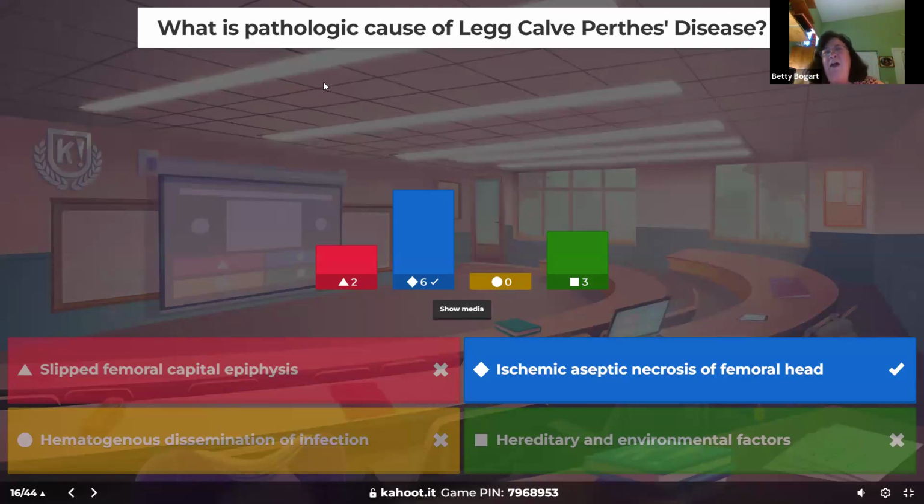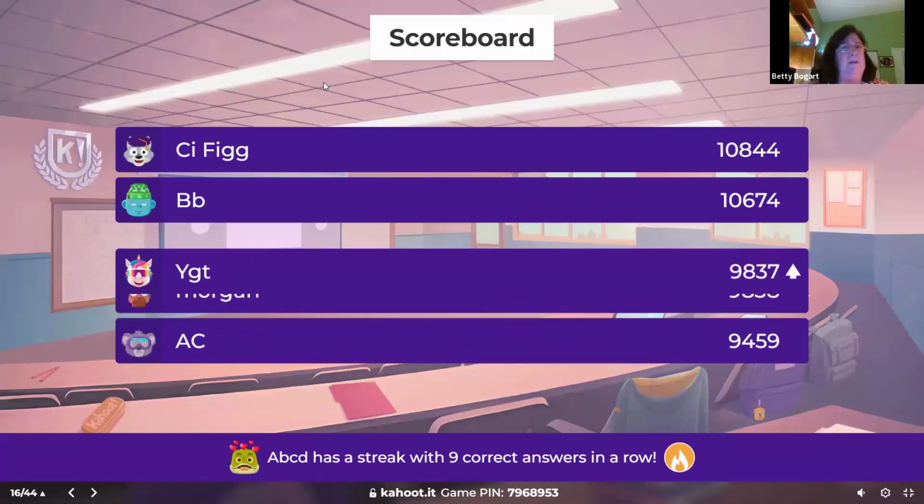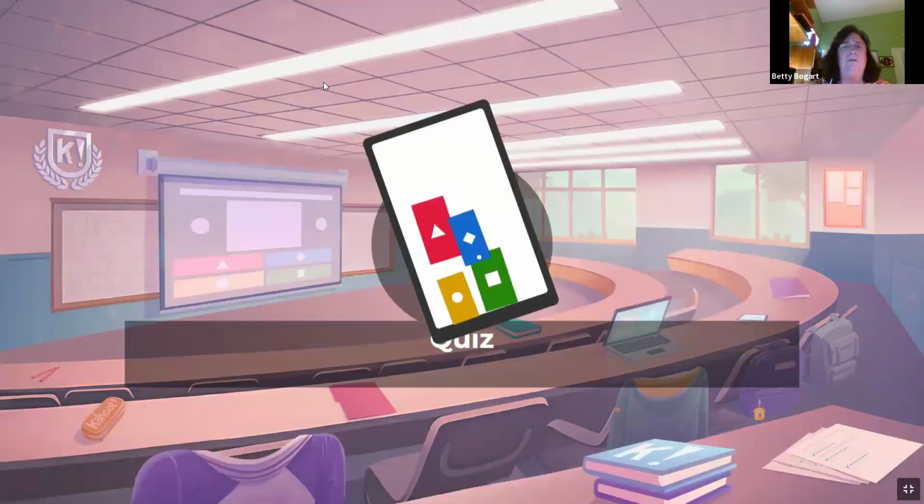That means blood is not going there, the supply is decreased, and there's no infection going on. Again, we rest, maybe put them in Buck's traction, NSAIDs for pain, and making sure we give them a good, healthy diet. Vitamin D, calcium, protein, right?